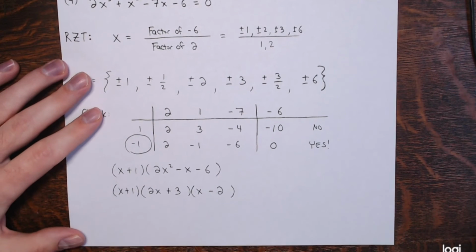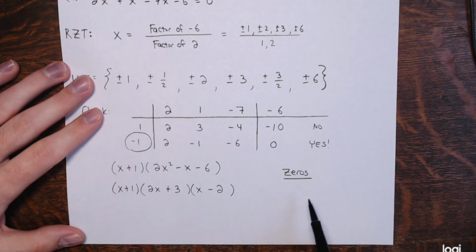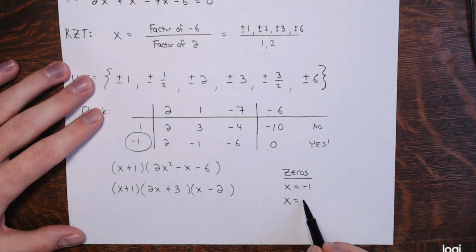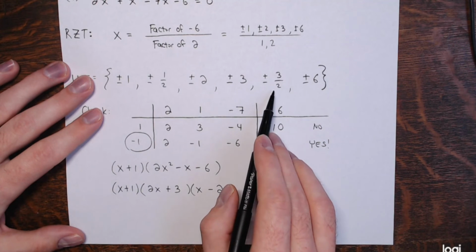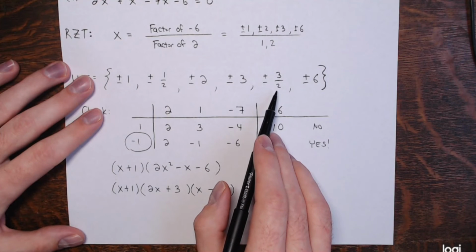So, now that it's completely factored, I can easily state the zeros. We already saw negative 1 works. That makes x plus 1 zero. How about 2x plus 3? When is that 0? When x is negative 3 halves. Which is rational, and notice that it is on the list. Any rational zeros should be on the list of possible rational zeros that I made earlier.